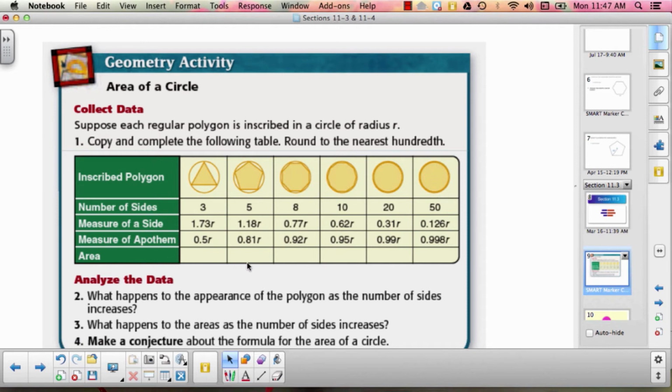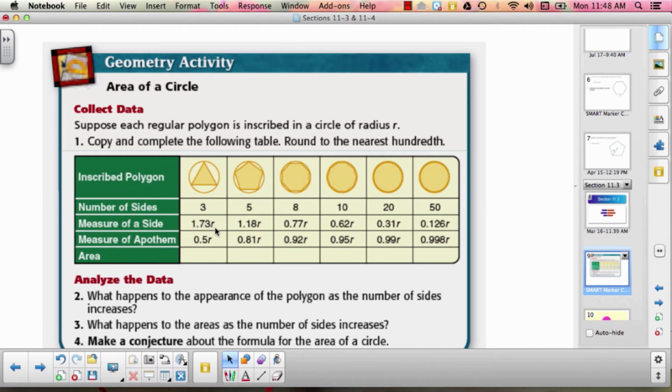So you're going to calculate the areas of these different regular polygons here. Now most of the hard work has been done for you. We can use the number of sides to figure out the perimeter of that regular polygon. In each of these cases, we're given that r is the radius. We're going to keep that as r and not plug in any numbers there. So a side is going to be 1.73 r.